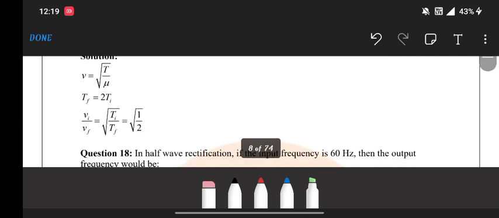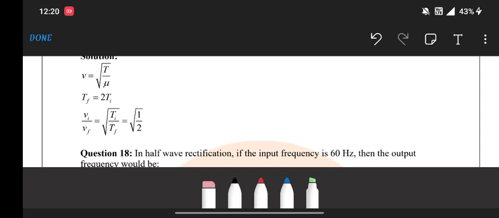So here, how to solve: V is equal to root T by mu. Therefore Tf is equal to 2Ti, so Vi by Vf is equal to root Ti by Tf, that is equal to root 1 by 2.